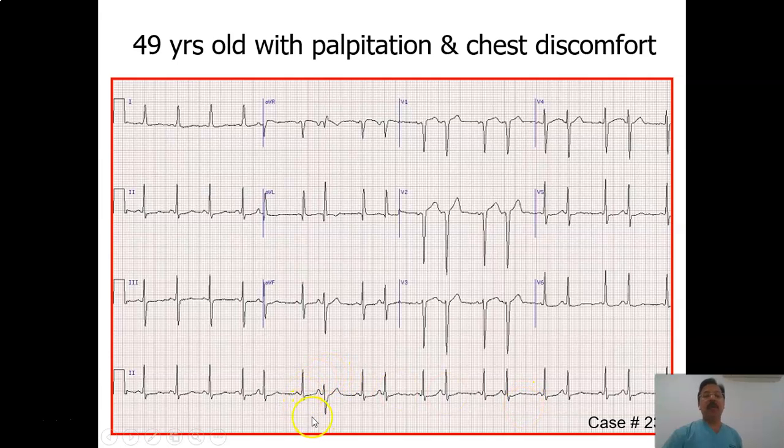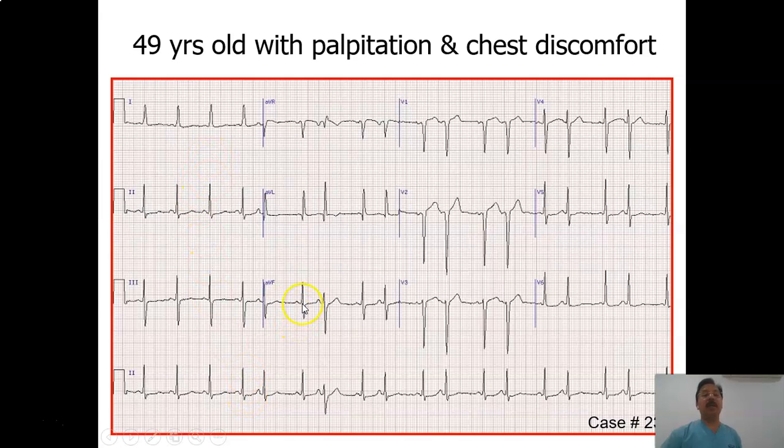So, and in between there is PVC as well, or maybe from a third ectopic focus, because there is a P and QRS complex, but in opposite direction. So this looks like, you see, mostly this may be atrial bigeminy. The rhythm is atrial bigeminy.